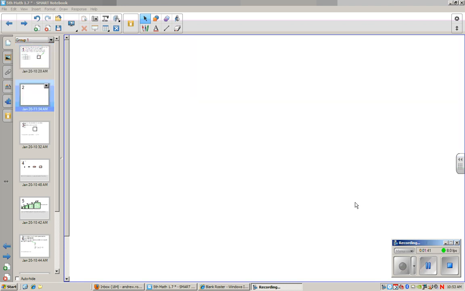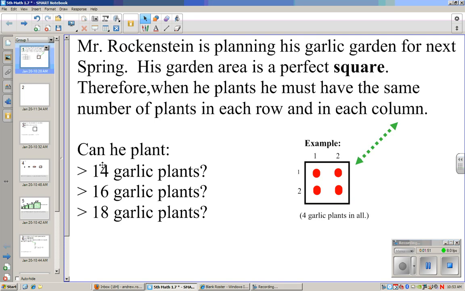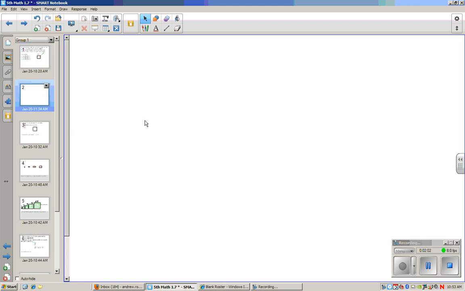All right, so you've had a little time to pause and figure out that math notebook problem. And so we were asking if I could plant 14 garlic plants, 16 garlic plants, or 18 garlic plants in a perfect square. So if we talk about that problem a little bit, I'll just talk about first the 14 garlic plants.